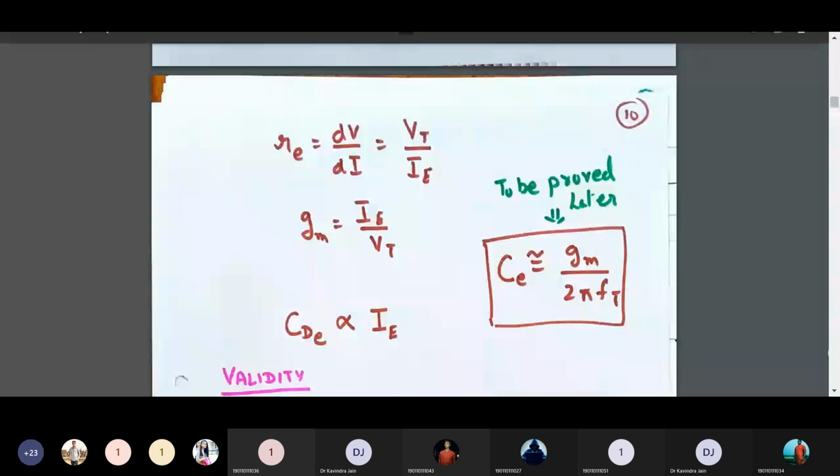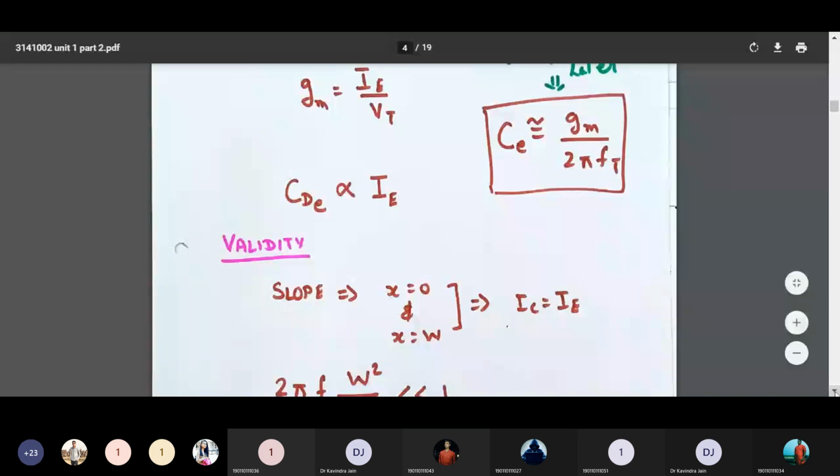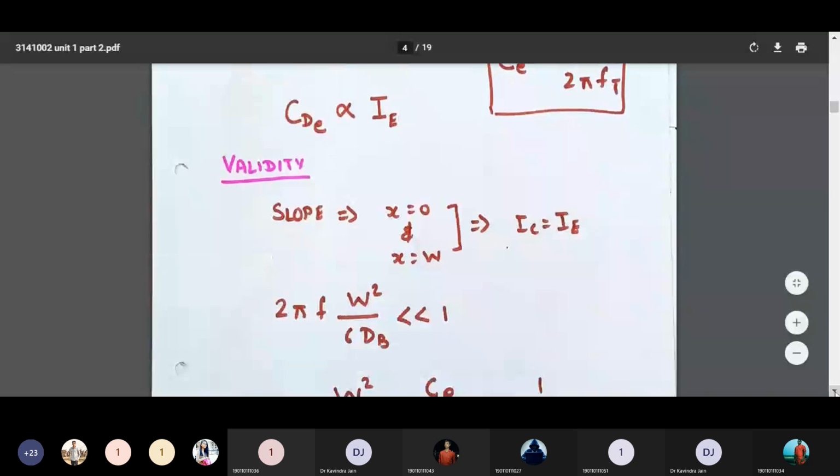So based on the formula, we are moving further. Please note down this thing.